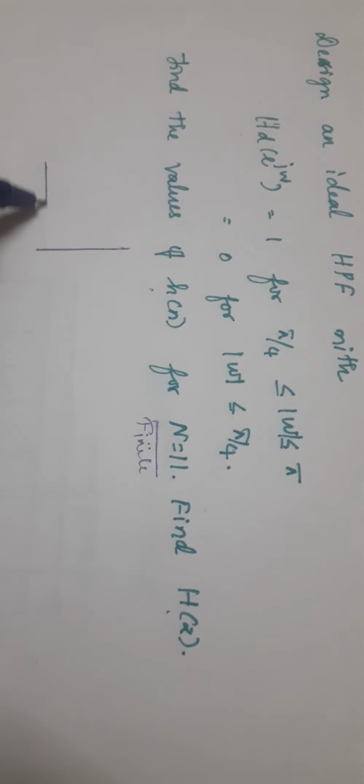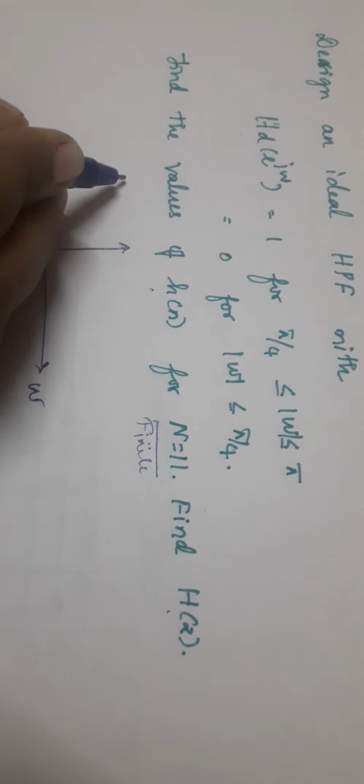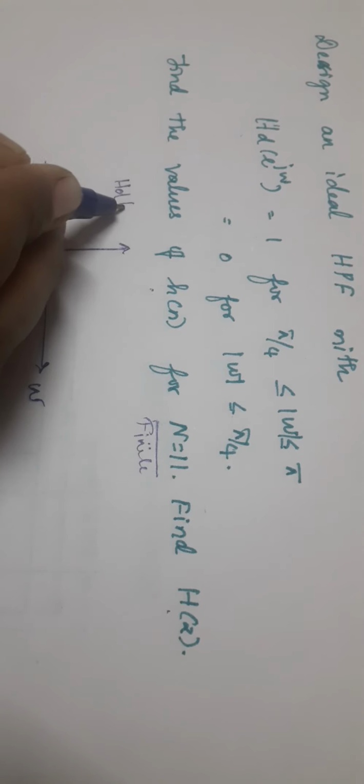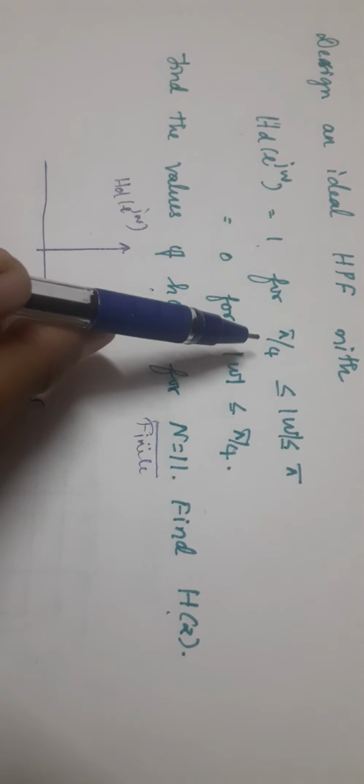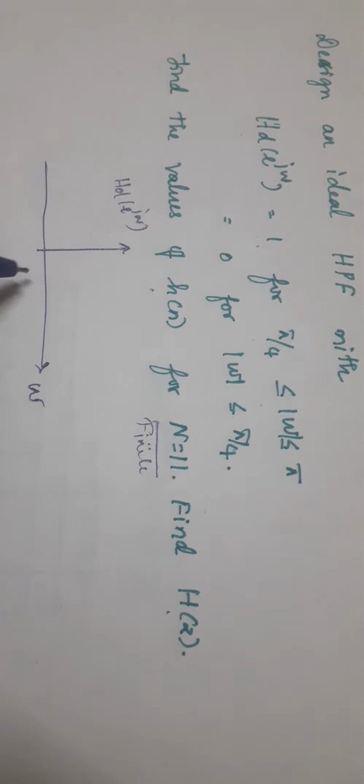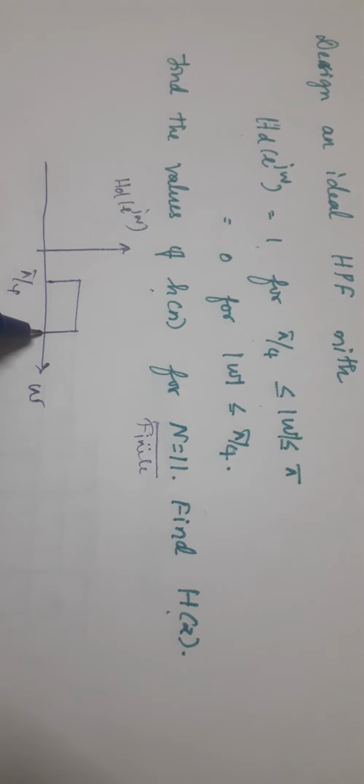So the frequency response graph is with ω and H(e^{jω}). It is 1 for π/4 to π.